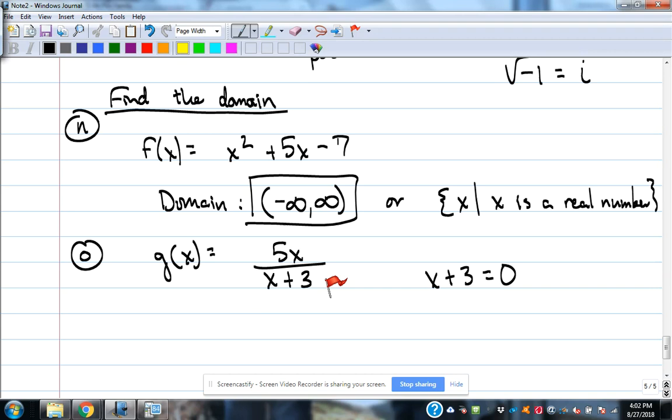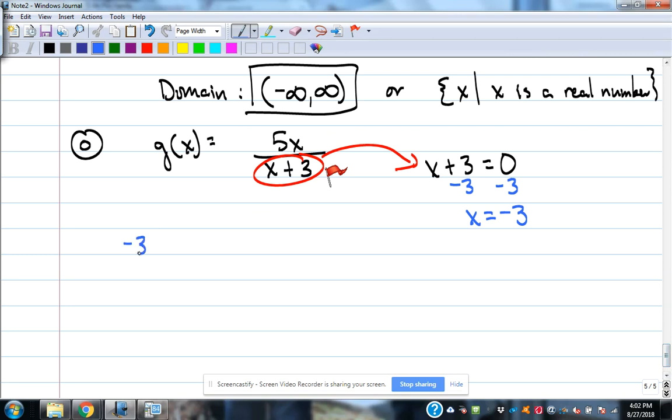We're taking that denominator and setting it equal to 0, and we're going to solve that equation. Subtract 3. That denominator is 0 when x is negative 3. What that tells us is negative 3 is an excluded value.